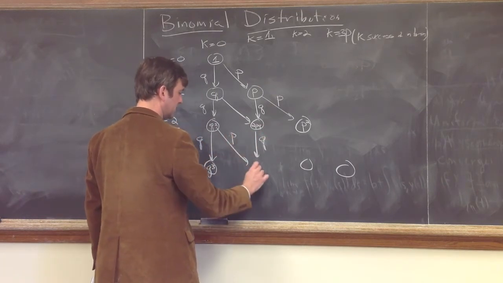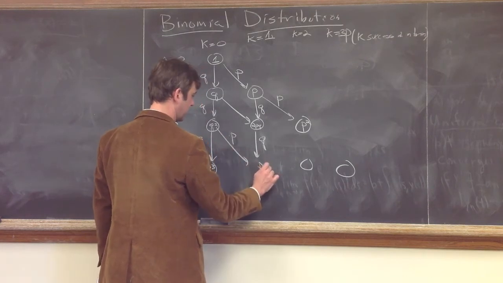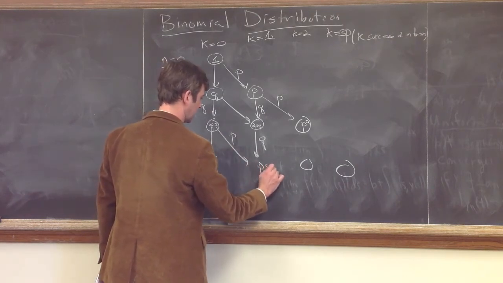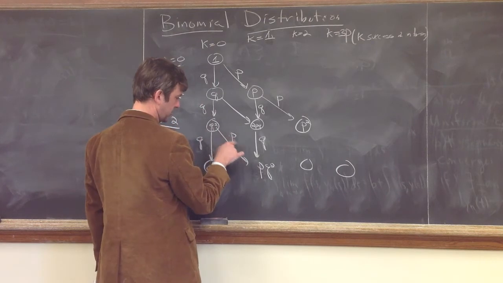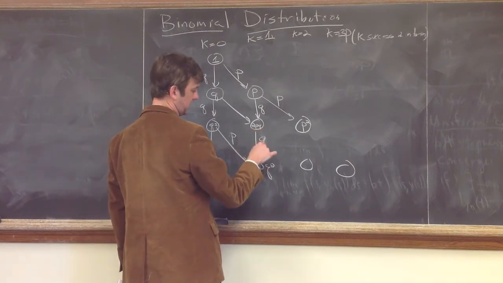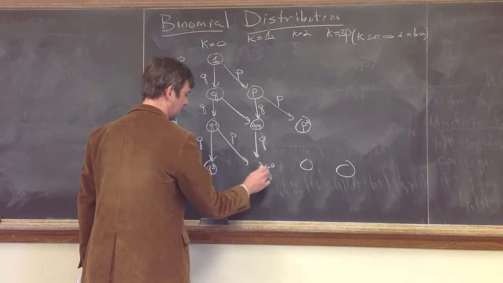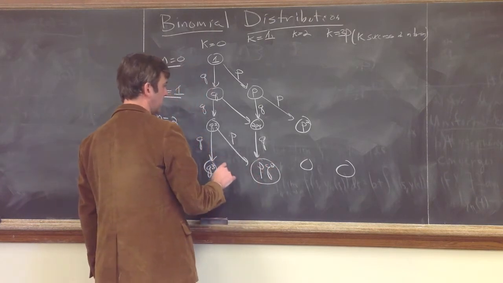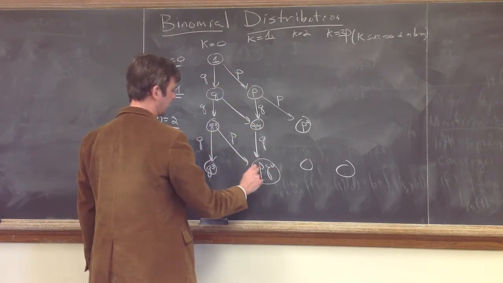And this is p, so again, all the factors are p times q squared, right? Because this is q squared times p, which is p times q squared, and this is pq times q, which is p times q squared. And now the number of ways to end up here, if you count them all up, is exactly 3.